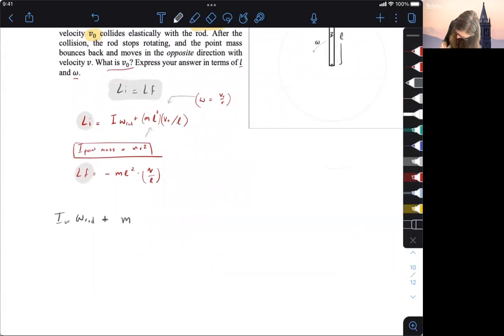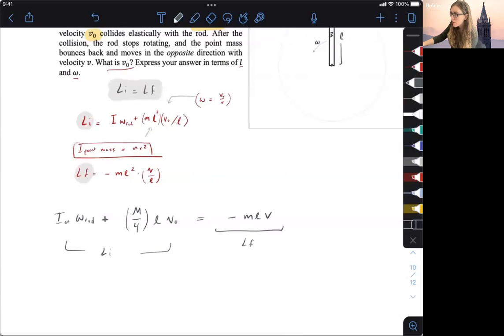Then the little point mass, I'll plug that in right now, M over 4, right? Because we were given that for the little m. And then L squared divided by L is just going to be one L and then a V naught, right? So just simplifying this a little bit. This is the Li from up there, right? And then LF, we have negative MLV, right? Just canceling out that extra L. And this is our LF.